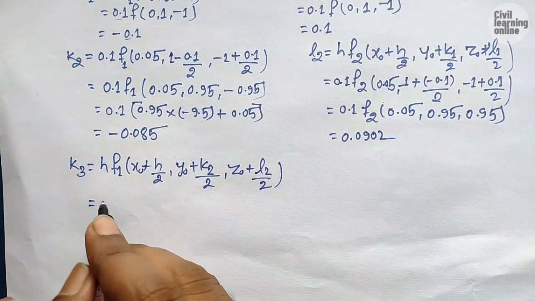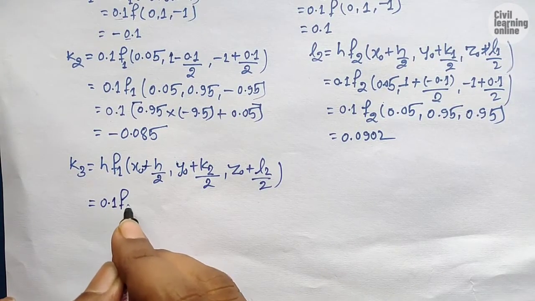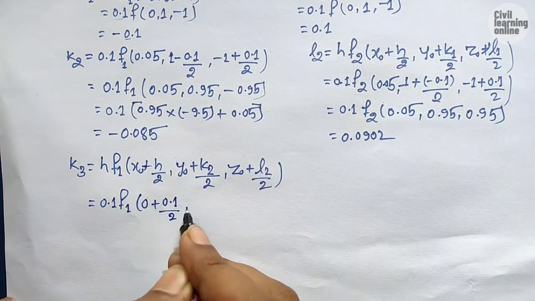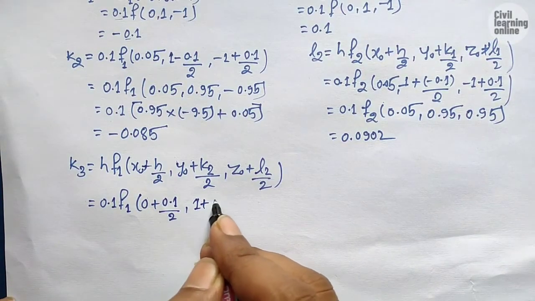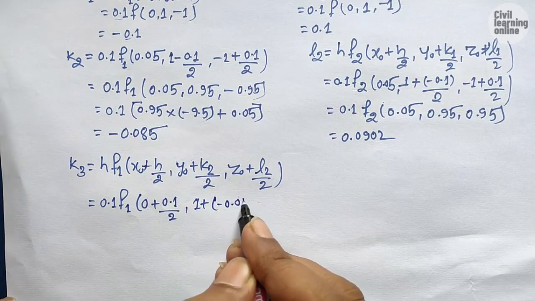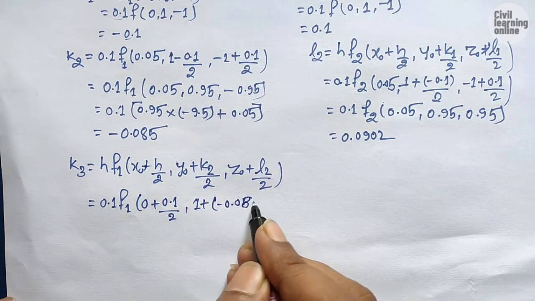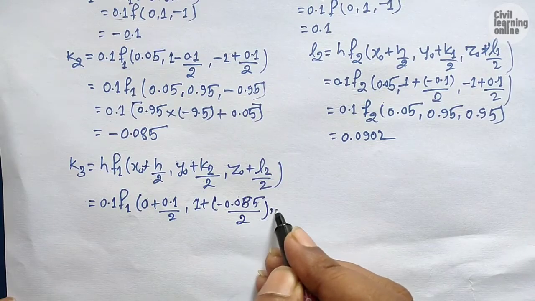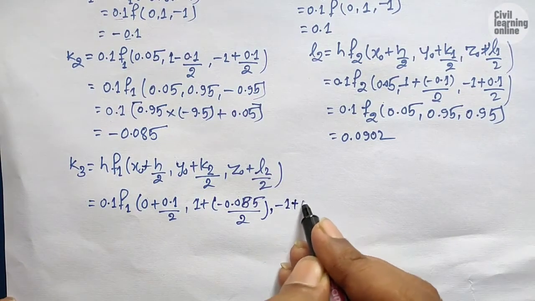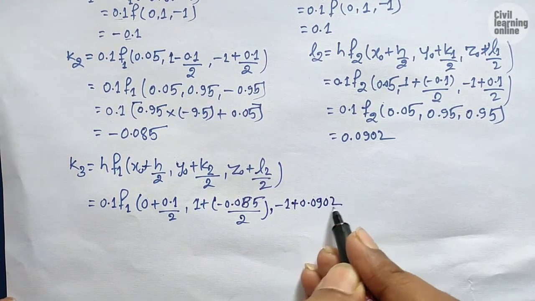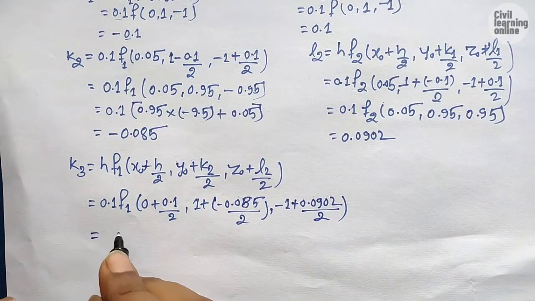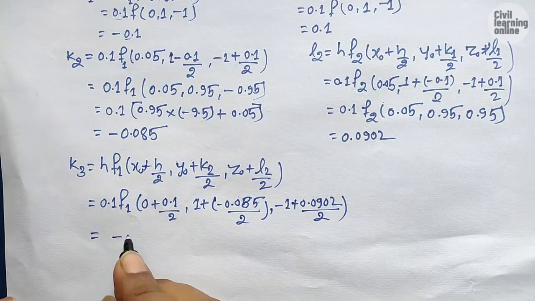Put the values: 0.1 f1 (0 + 0.1/2, 1 + (minus 0.085)/2, minus 1 + 0.0902/2), and on solving this we will get the value of k3, which will be equal to minus 0.08641.